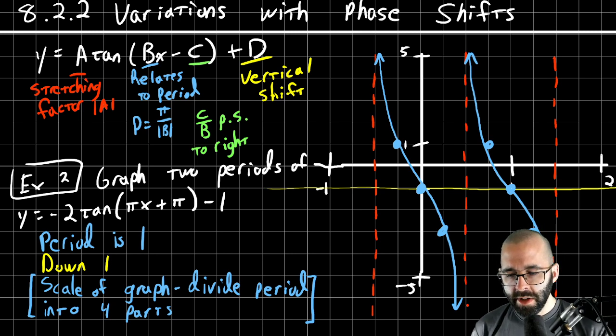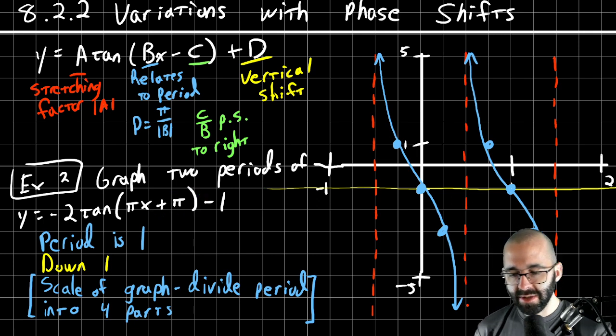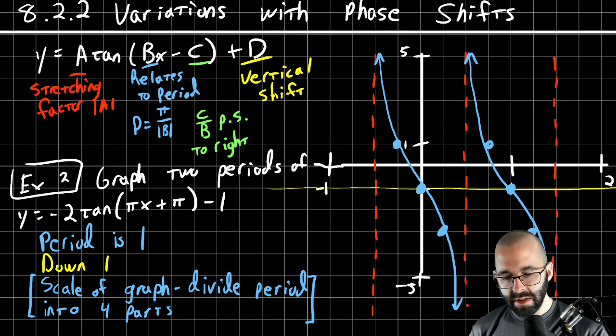Okay. Now, you might be asking yourself, I hope you're asking yourself, but maybe not. You might be asking yourself, Jason, we haven't talked about the phase shift. We didn't need it when we were graphing. Why didn't we need it, Jason? Well, the answer is, let's look at that. What is our phase shift?